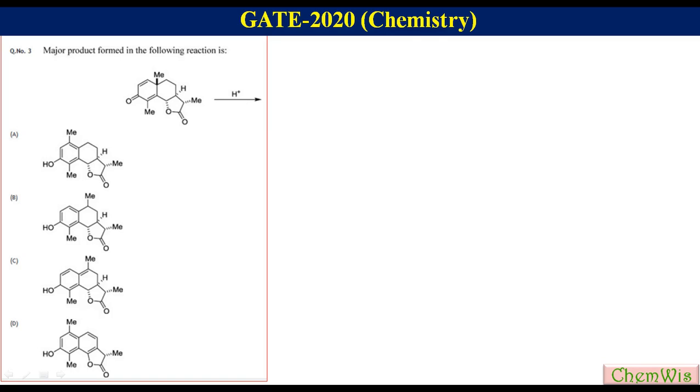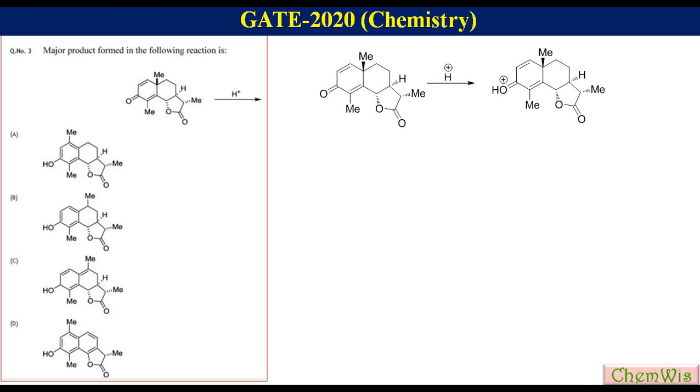In question number 3, we have to find the structure of the product obtained after rearrangement. This is an example of dienone phenol rearrangement. The dienone carbonyl oxygen gets protonated to produce this protonated species.